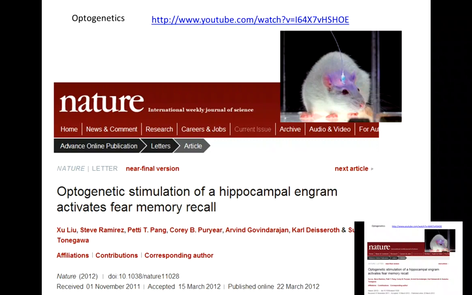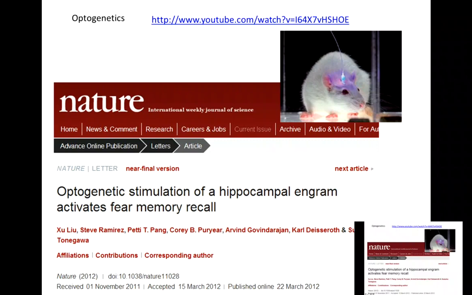These scientists understand where in the brain of these mice, what cells in the brain of these rats, have encoded this in their long-term potentiation. And then they express ion channels to activate those cells, and they can activate those cells by a pulse of light.